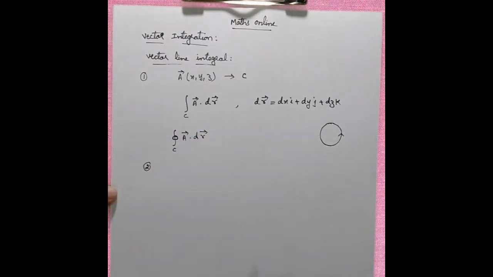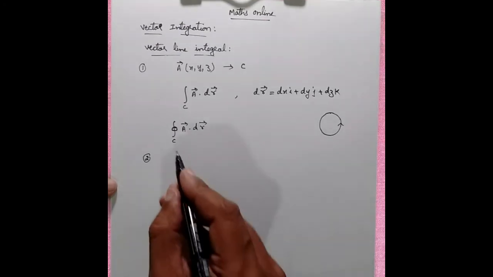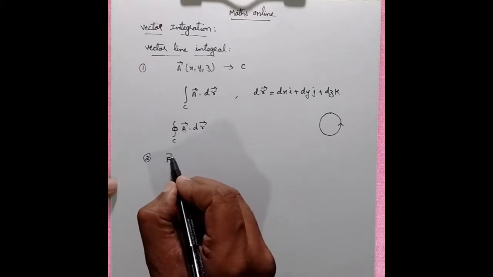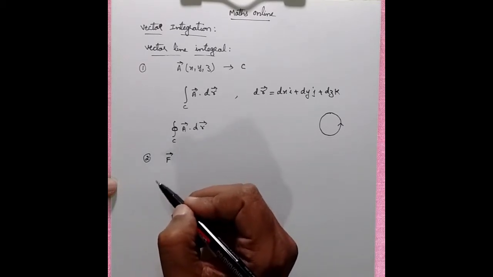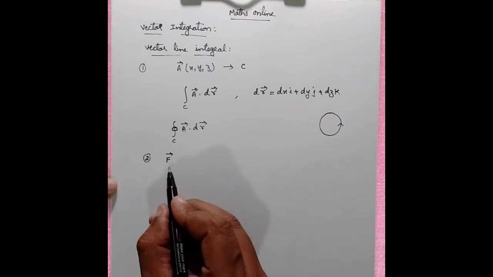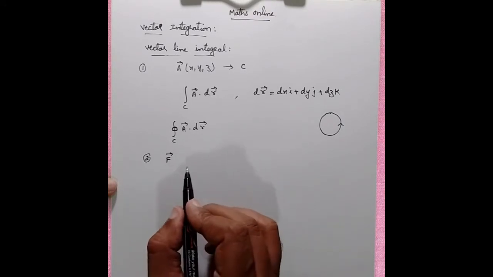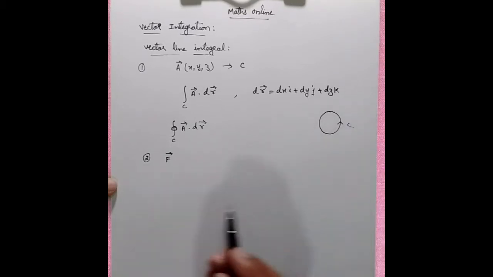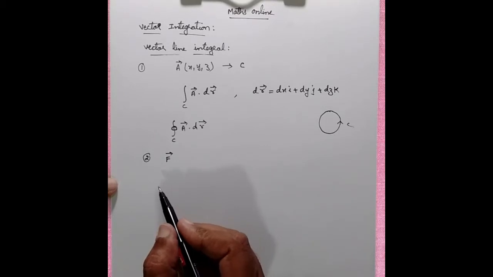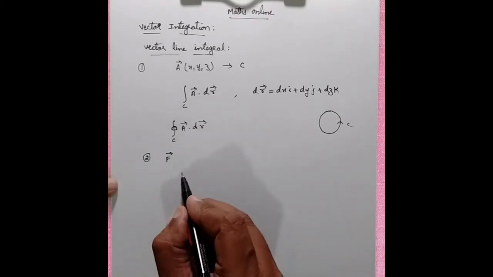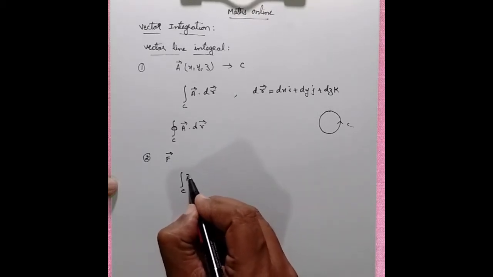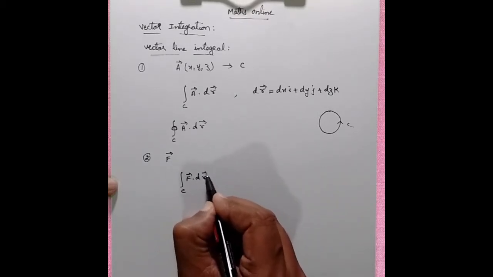Suppose instead of vector A, I try to define force. If I represent the force, then vector F represents the force acted upon by a particle in displacing it along the given curve C. In that case, you can represent the line integral in the form of integral over the curve C, vector F dot dr vector.